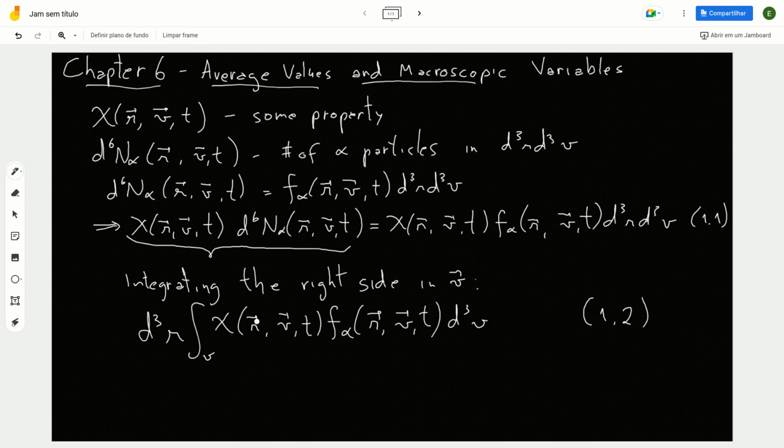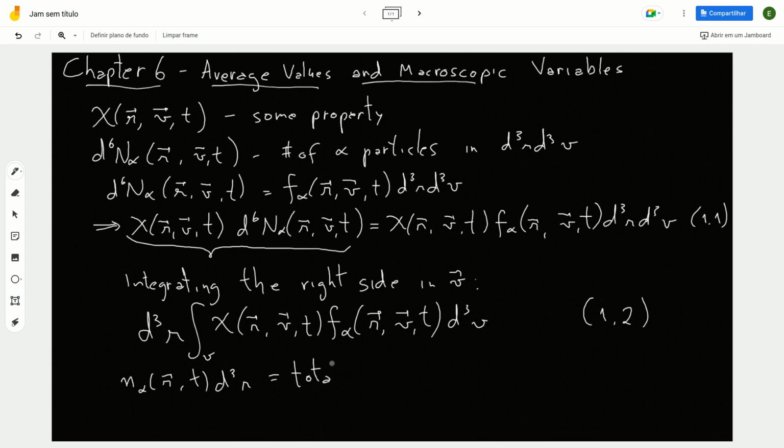Now, from chapter 5, we know that n, minor n, small n, this quantity is the total number of particles inside this space volume, right?